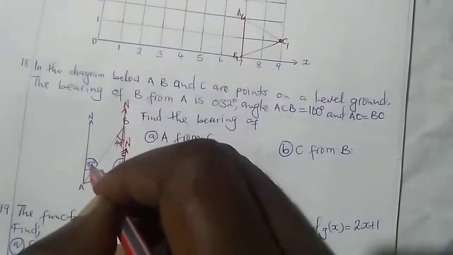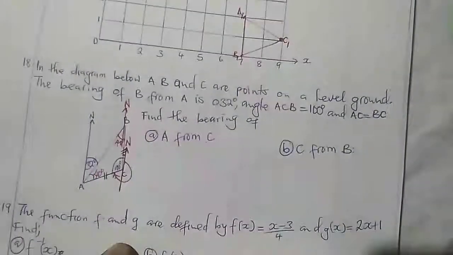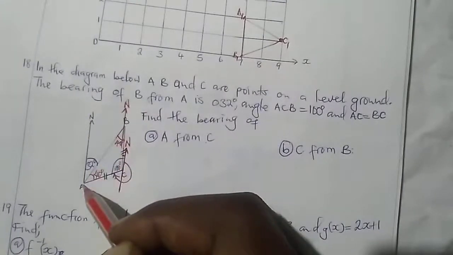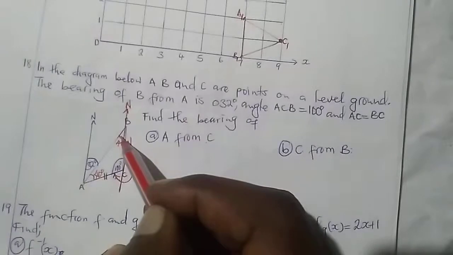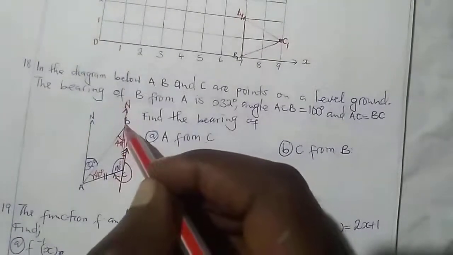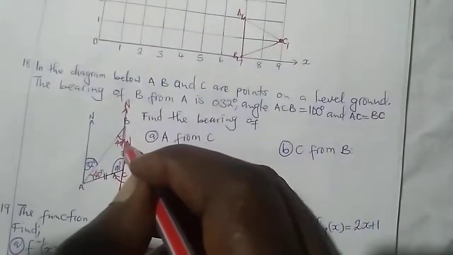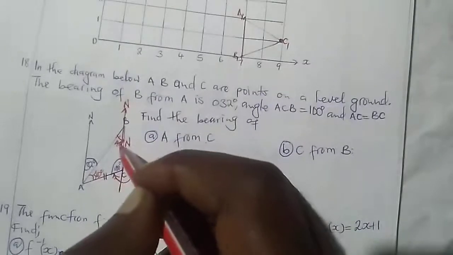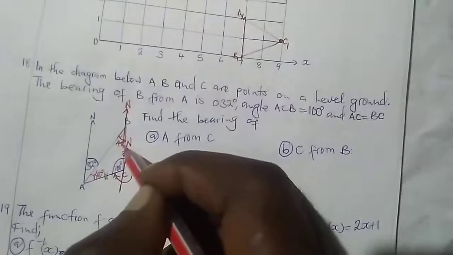So alternate angles are equal when two parallel lines are crossed by a transversal line, and this is a transversal line. So this angle is equal to this angle, which is 40. Even if the angle here is too small, you should know that this 40 degrees is divided by two angles, so there is also a small angle here.